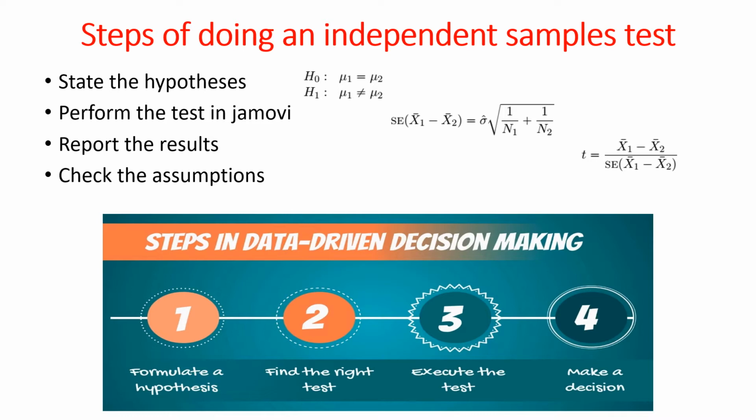It is a measure of how accurately our sample is representative of the population, how accurately the mean we are seeing in our sample is a true representative of the population mean. And this is captured by the standard error of the mean.